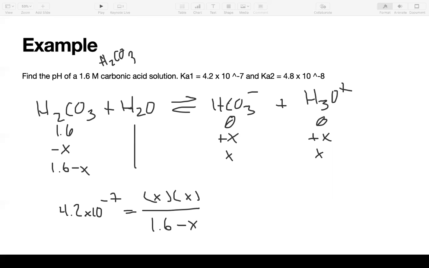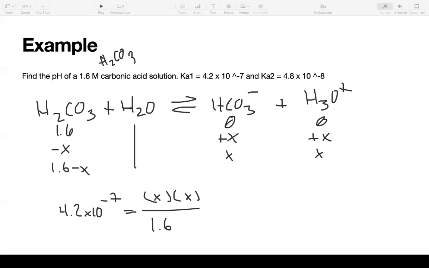So the first thing we want to do for this one is figure out whether or not we could use our little shortcut. In this case, we have 10 to the negative 7. So yeah, our shortcut would in fact apply here. So we could erase this x here. So now we just have to solve for x.